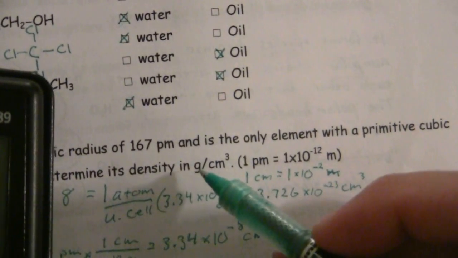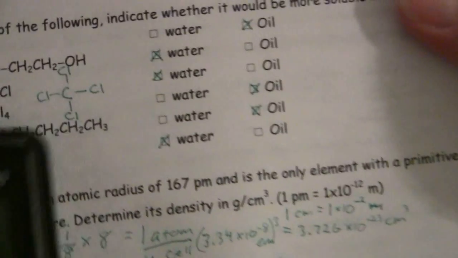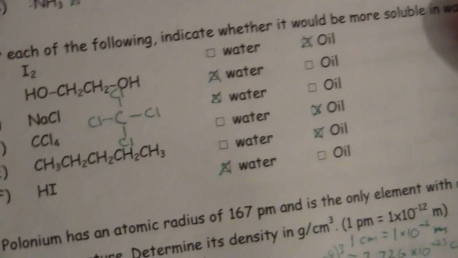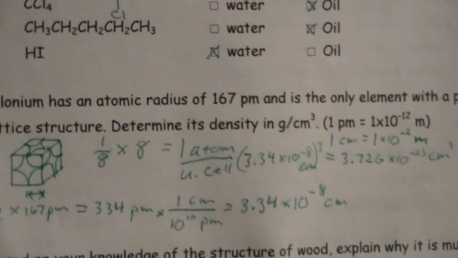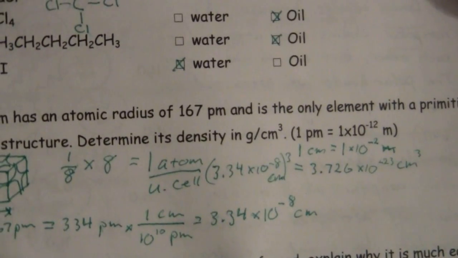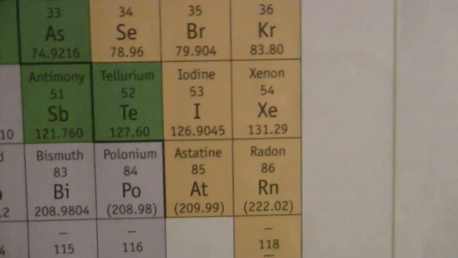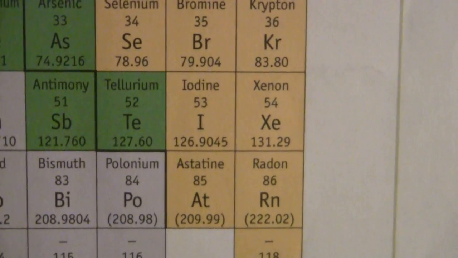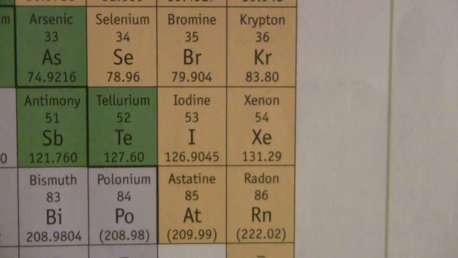I just need to find the mass of the one atom, and I want that mass in grams. So if I look at the periodic table, I will find the atomic mass for polonium, and that is 208.98, and the units are grams per mole.